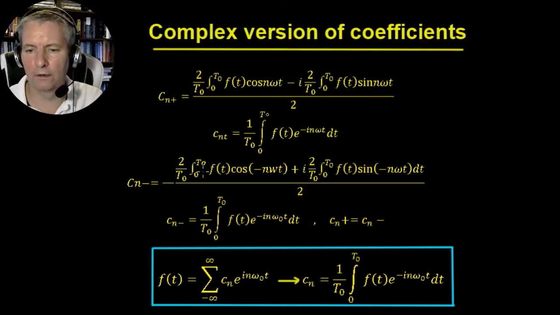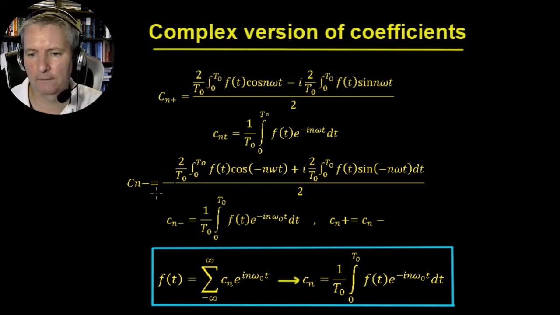Now we do the same with the Cn minus. The Cn minus is going to be given by cos of minus n omega t plus i the sine of minus n omega t. Now the cos of minus n omega t is the same as cos n omega t, and the sine of minus n omega t is the same as minus the sine of n omega t.